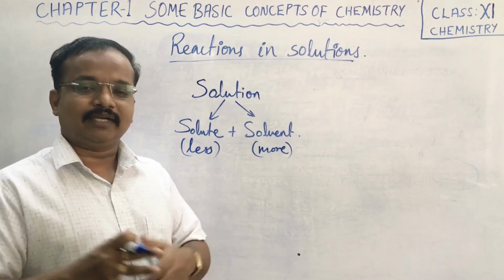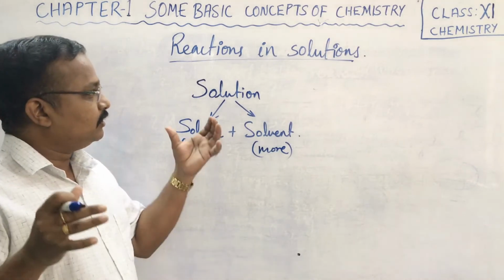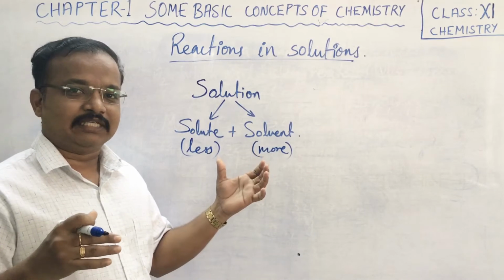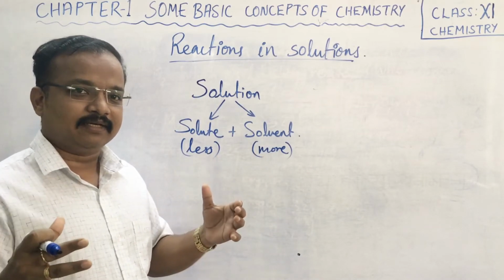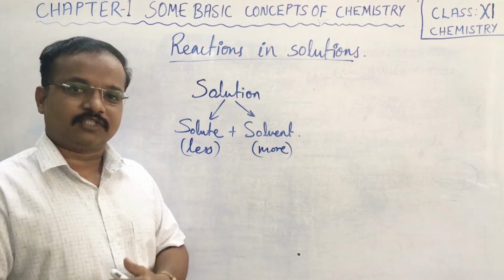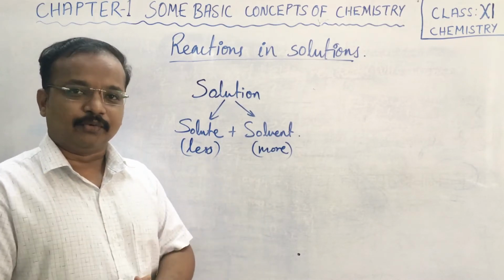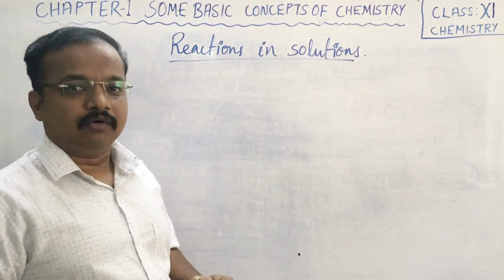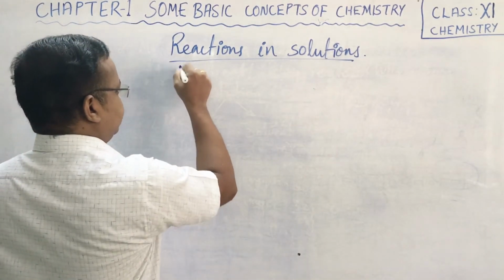Correct? So today we are discussing those reactions which take place in solutions and how we can express their concentrations in different units. First of all, we shall discuss mass percentage.